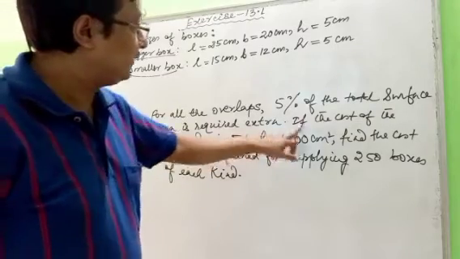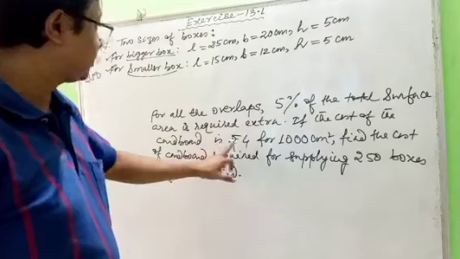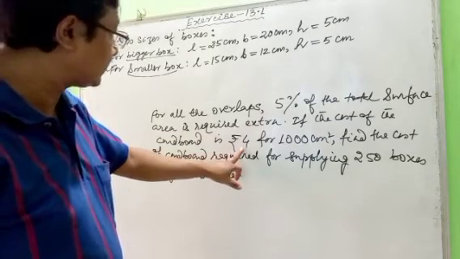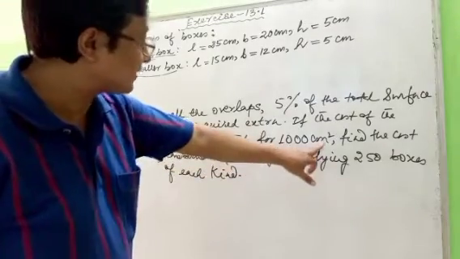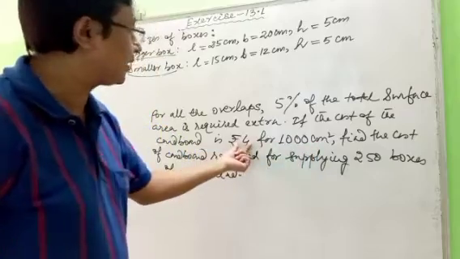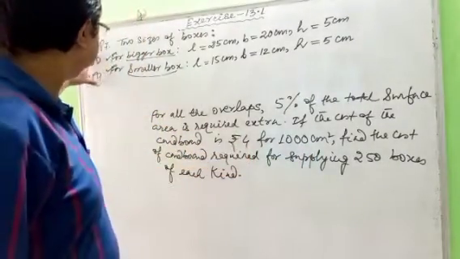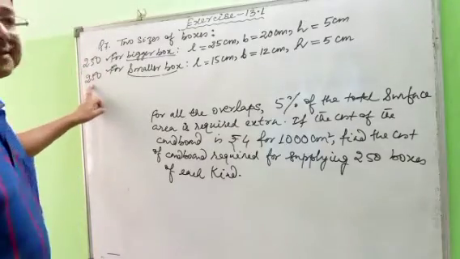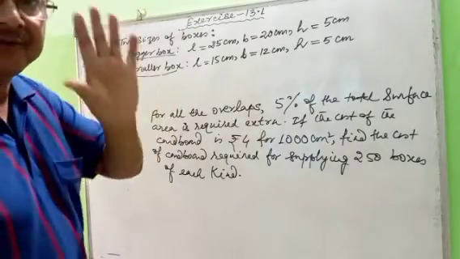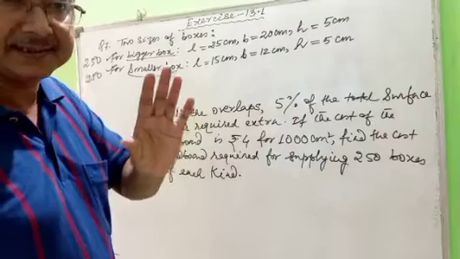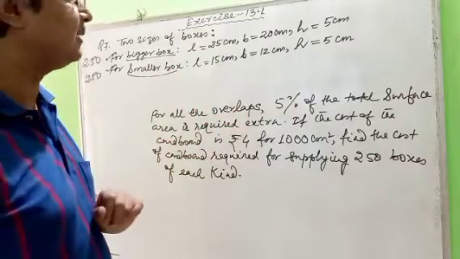If the cost of the cardboard is rupees 4, they have said that for 1000 centimeter square, the cost of the cardboard is rupees 4. Now for this 500, 250 plus 250, you have got 500 total boxes of the smaller kind as well as the bigger kind.